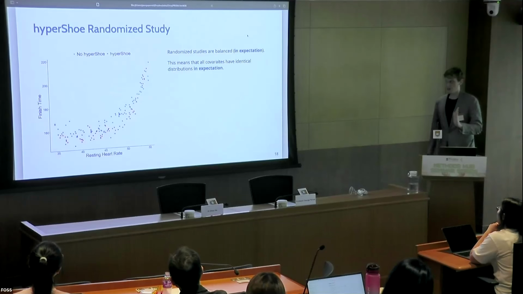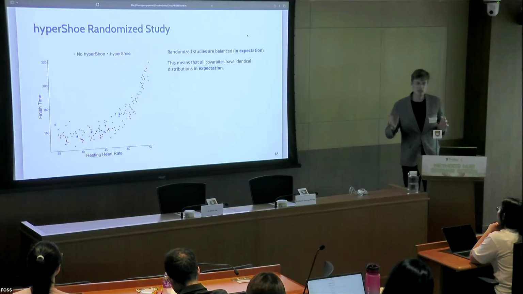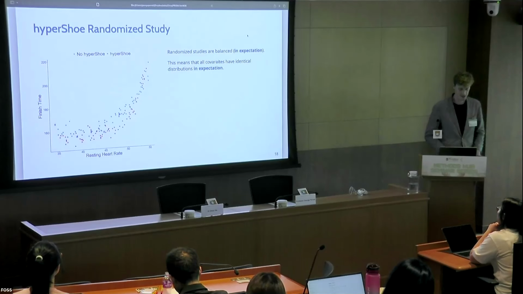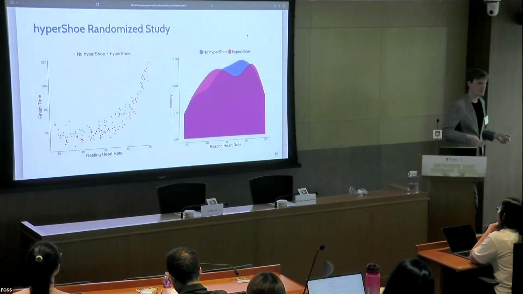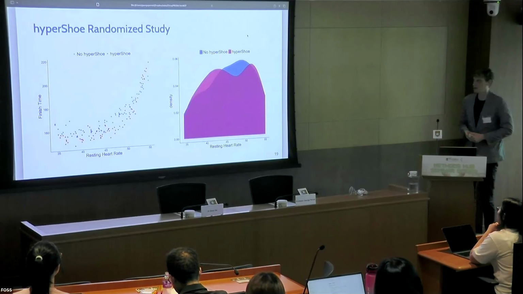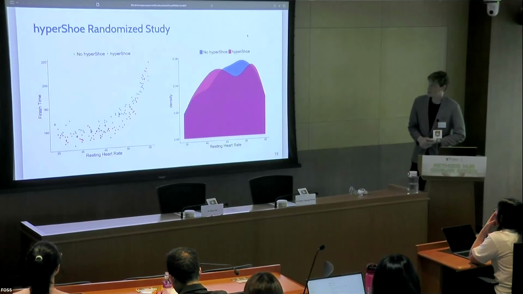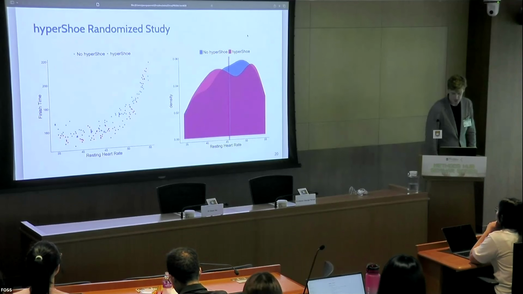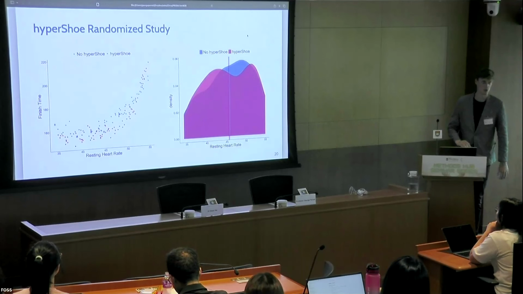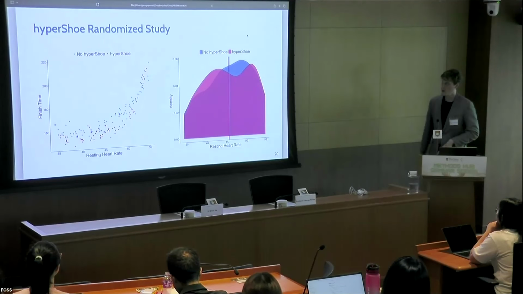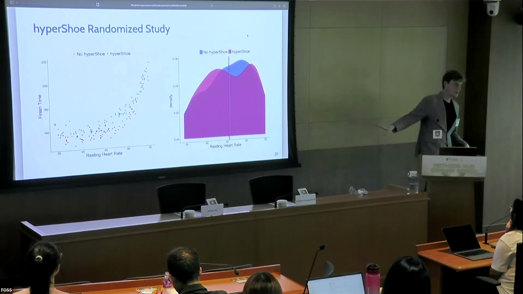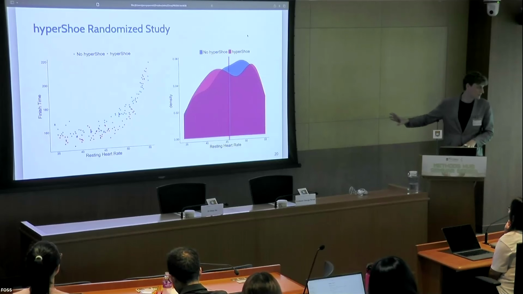So if we go over the x-axis, there seems to be an equal representation of blue and red points across X. And if I make a histogram of these two things, shaded by treatment assignment, we'll see that resting heart rate is very similar between these two groups. And if I take the means of each of these distributions, they're very, very close to each other. Now, I said in expectation, because even though these distributions are very, very similar, they're clearly not identical.